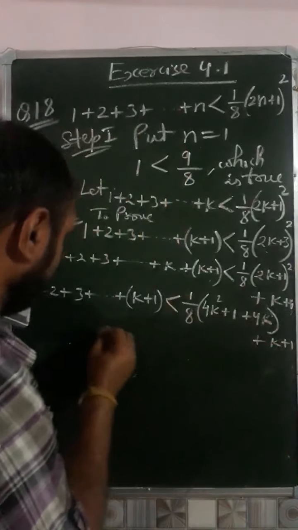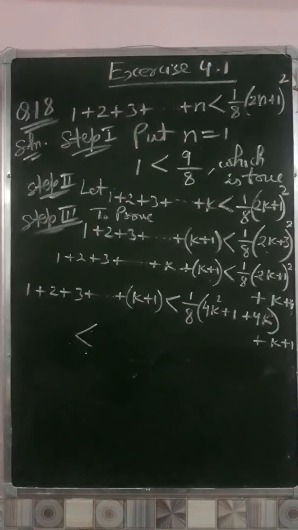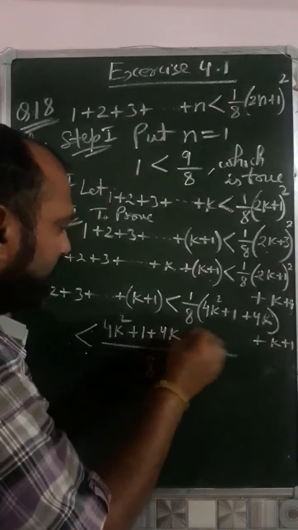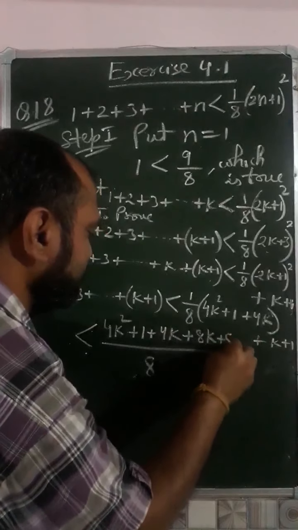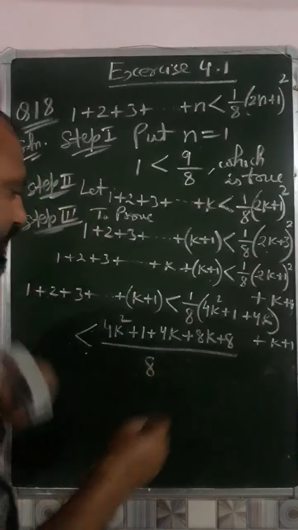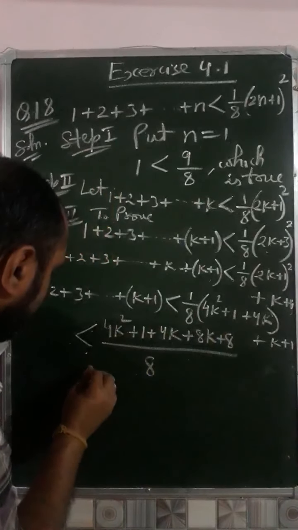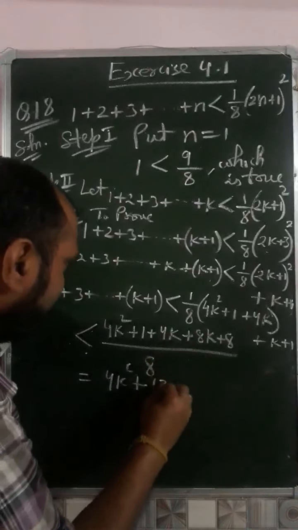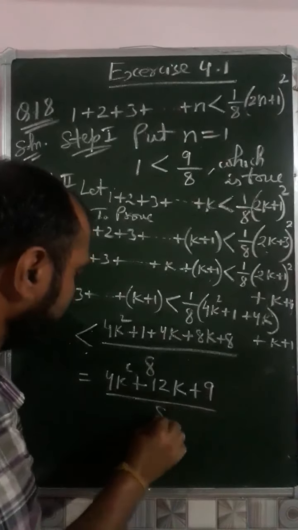So I am taking the LCM, and we have less than 4k square plus 1 plus 4k plus 8 into (k plus 1), that is 8k plus 8, over 8. I am simplifying this, so the result is 4k square plus 12k plus 9, over 8.